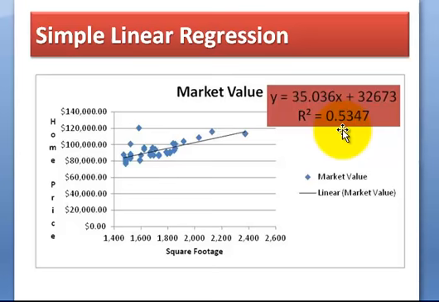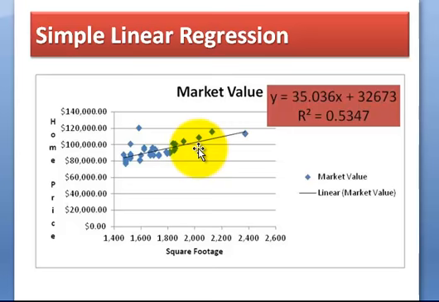This 0.53, the simplest way to think of it is 53% of our variation, or 0.53 of our variation, is explained by square footage. The rest of the variation is explained by something else. We don't know. It could be age of the house, could be the neighborhood, could be a whole host of reasons.